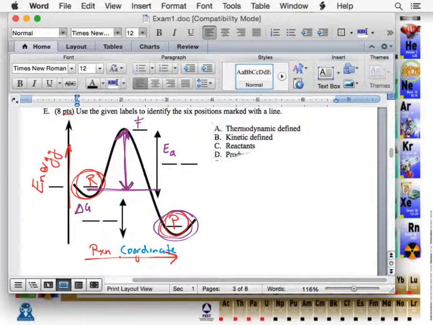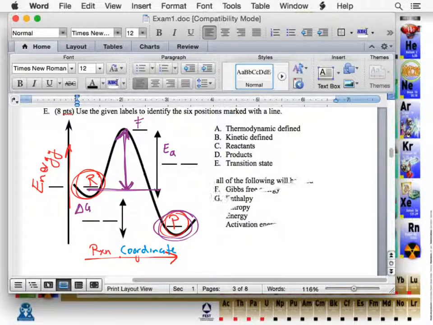So if we erased all of our lines, or all of the box information there, there's two more things that we could put in there. Our A and B, thermodynamics and kinetics. Thermodynamics is all about the energy difference between our reactants and products, which is Gibbs free energy.